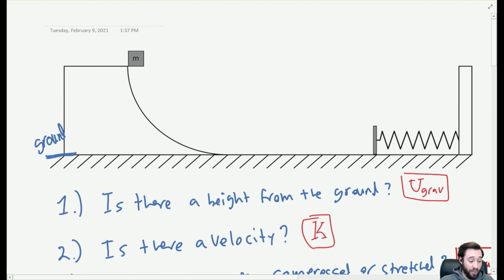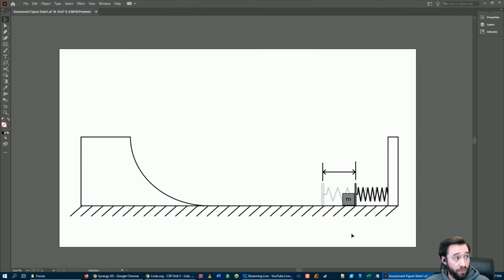So this would be state 3. This one over here would be state 1. And then I would have the box over here in the middle without the spring being compressed for state 2. And I will have separate figures so they're not all overlaid on the same thing. Make sense? Any confusion about that?